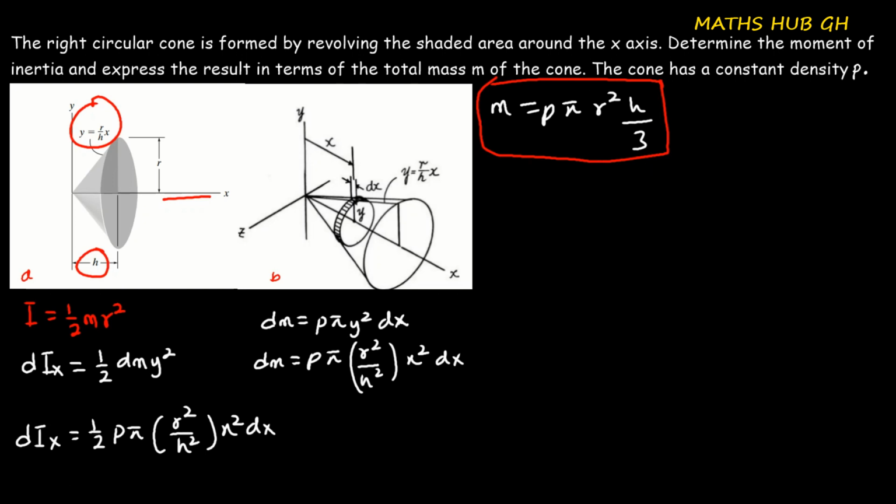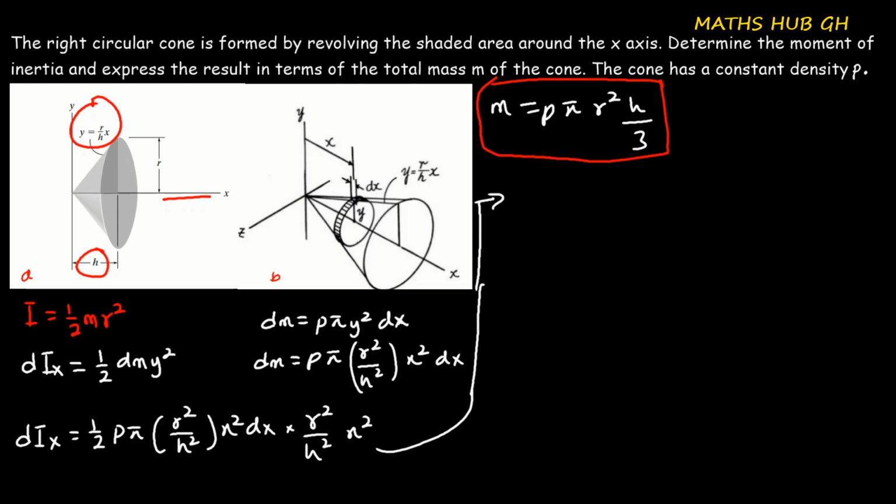So that will give us all this multiplying r squared over h squared multiplying x squared, right? So let's simplify this. When I simplify this, let me continue from the top.